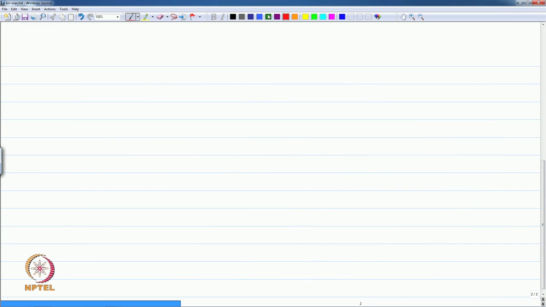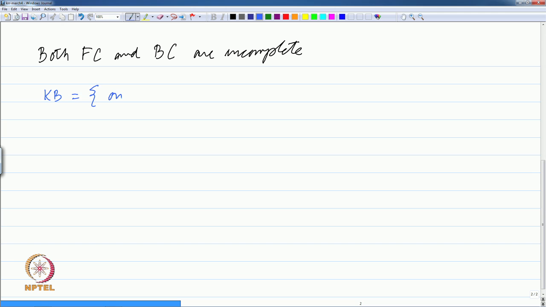Now, let us look at a couple of examples which show that both these are incomplete. So, the first example is, consider this set of formulas.